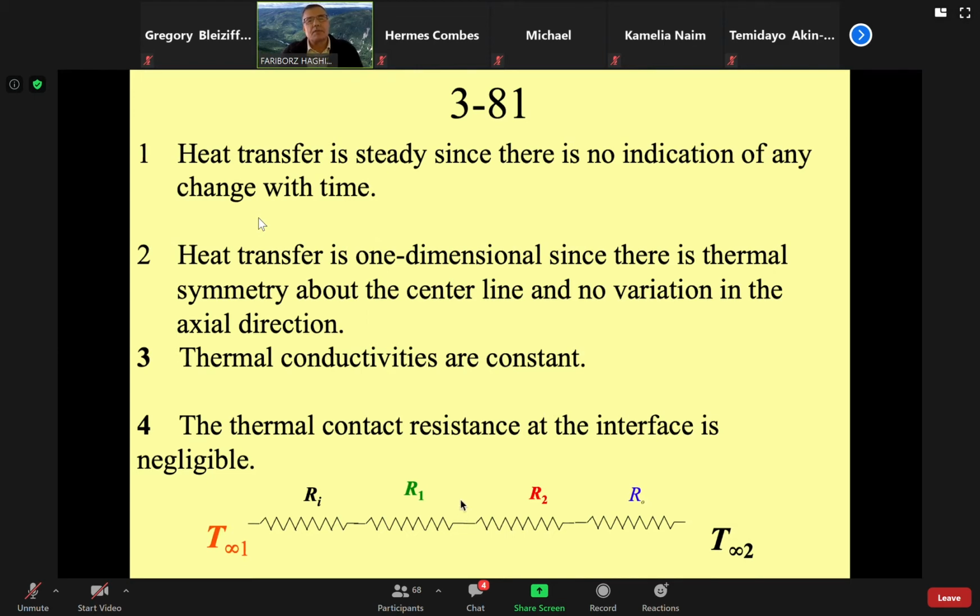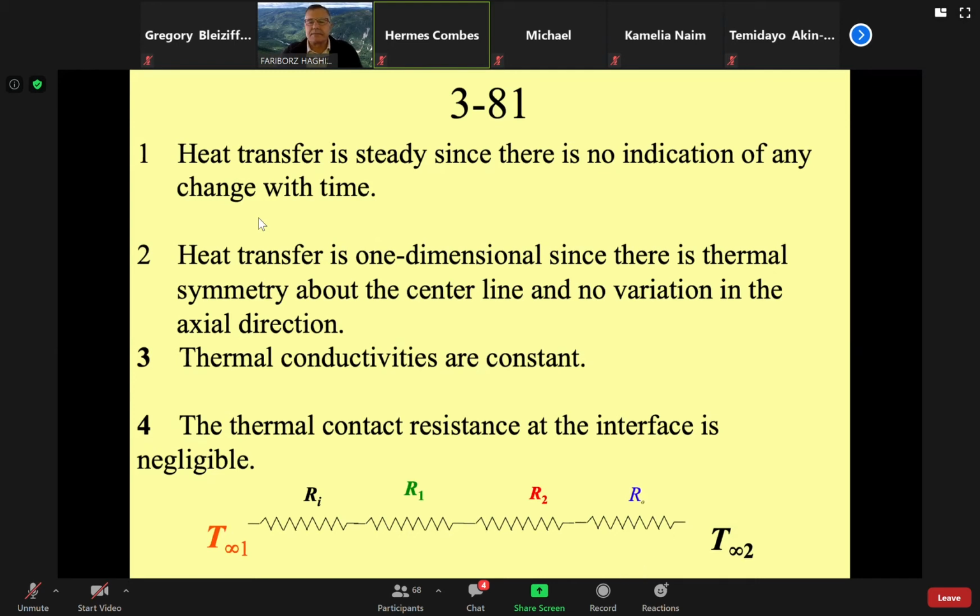You can put this one as T2. And then from here to the insulation, you can put this one T3. Therefore, you have resistance to convective heat transfer inside the pipe, conduction through the wall, conduction through the insulation, and convection outside.